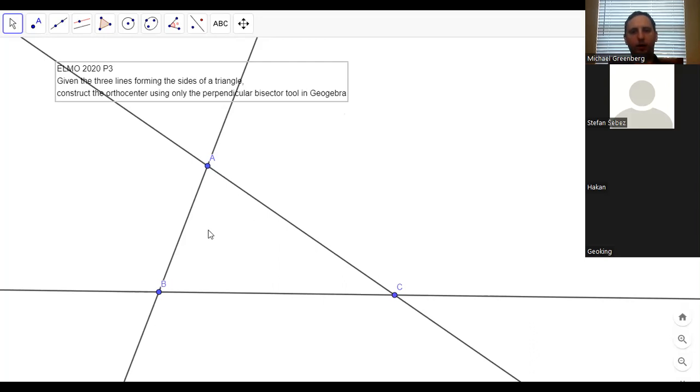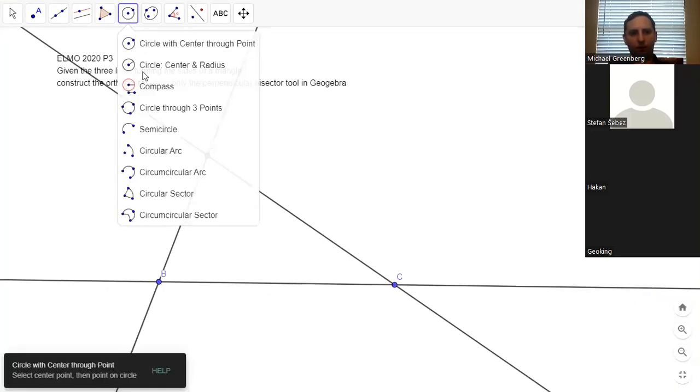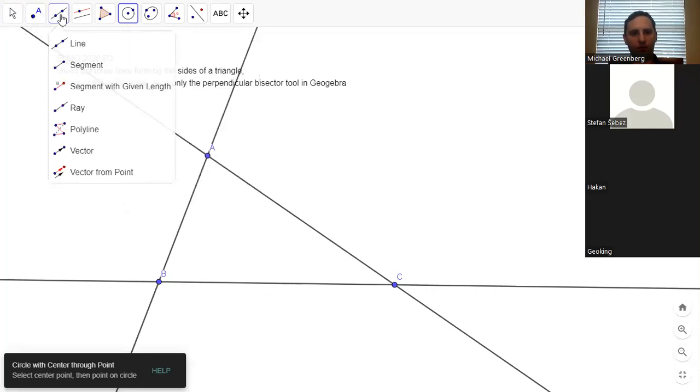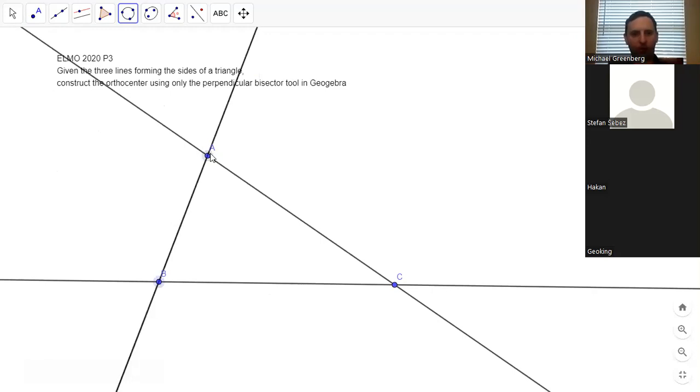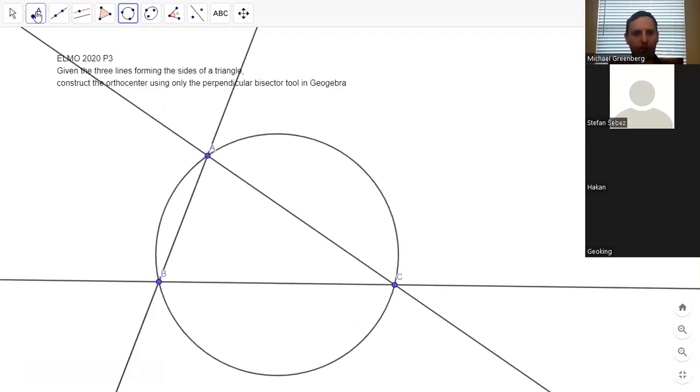We can draw the midpoints of AB and AC, but then how do we connect them? Okay. So I know we can't actually do circles, but I'm just going to do it just to try to get the circumcenter.